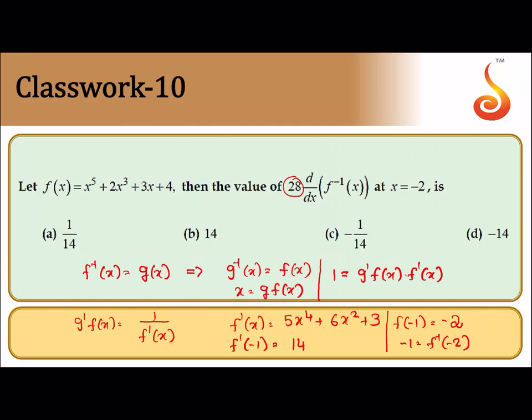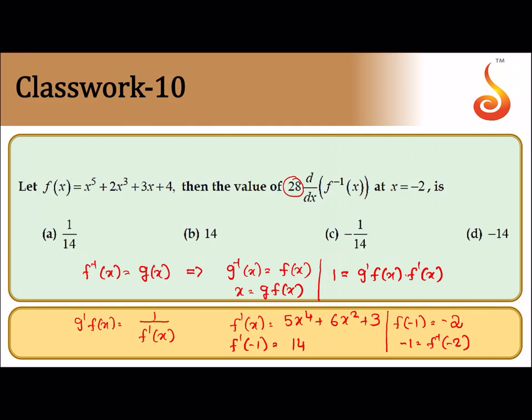What is f of minus 1? f of minus 1 will give you minus 2. Clear? So minus 1 is equal to f inverse of minus 2. That's the reason we have taken it.